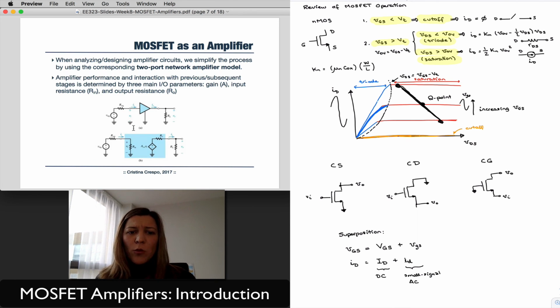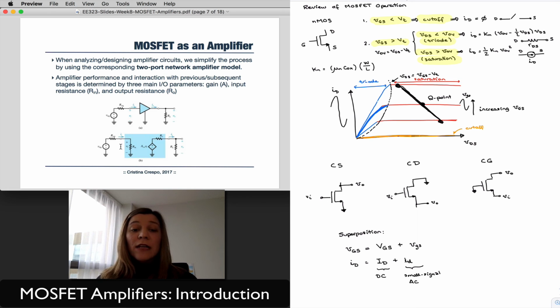So whenever we analyze or design amplifier circuits, we're going to use a two-port network amplifier model, basically looking at the amplifier as opposed to keeping in mind all these transistors, resistors, and components.